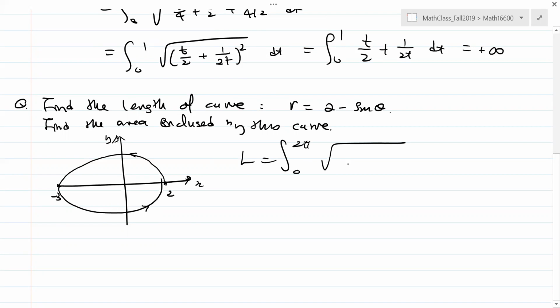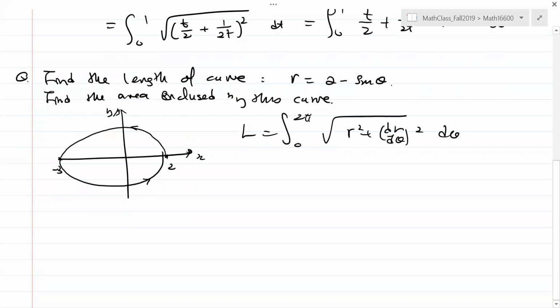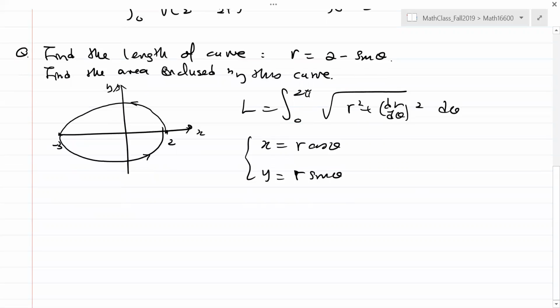It's the integral of the square root of r squared plus (dr/d theta) squared, d theta. You get that using the parametric equations, where r is a function of theta. Then you differentiate and square, and the cosine and sine theta terms cancel out, and you end up with that formula.